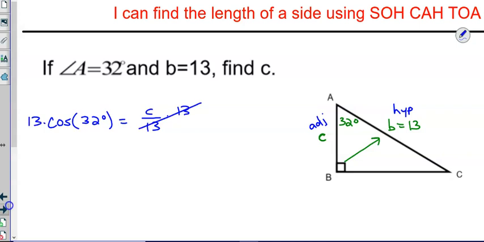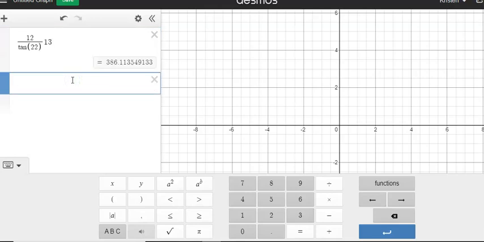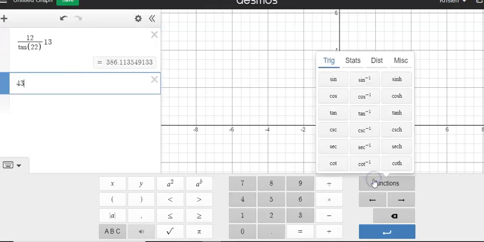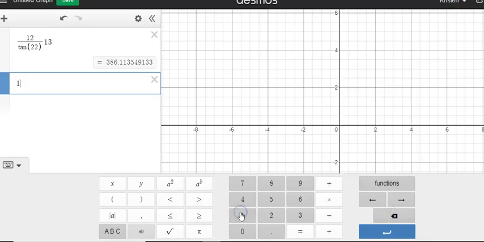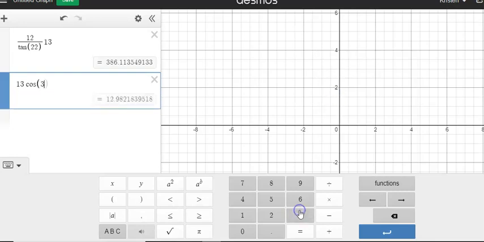See how your C is already by itself? So you just need to type this piece into your calc, and you're done. So 13 times cosine of 32. And we get 11.02, so just 11.0 is fine.